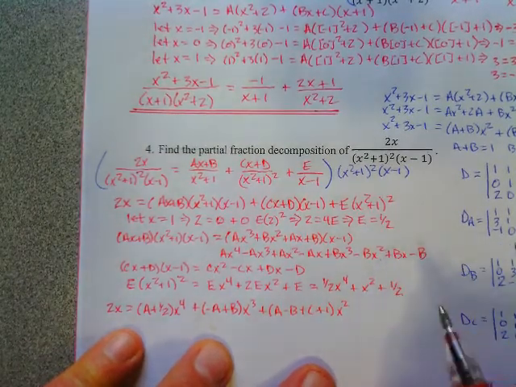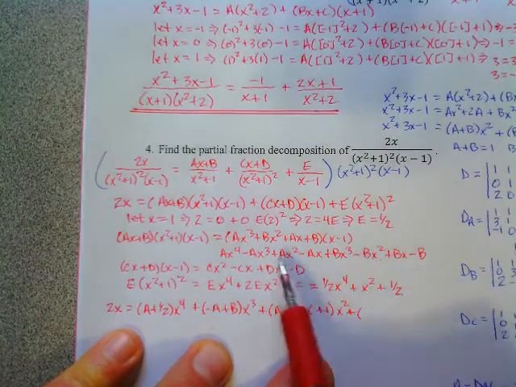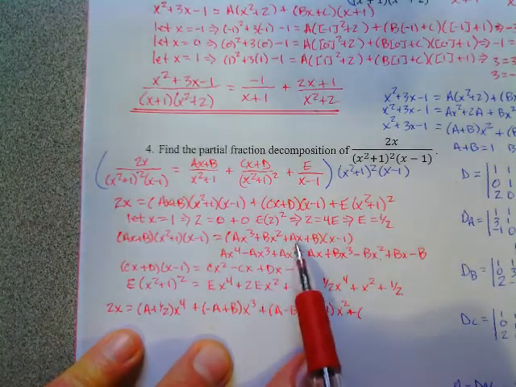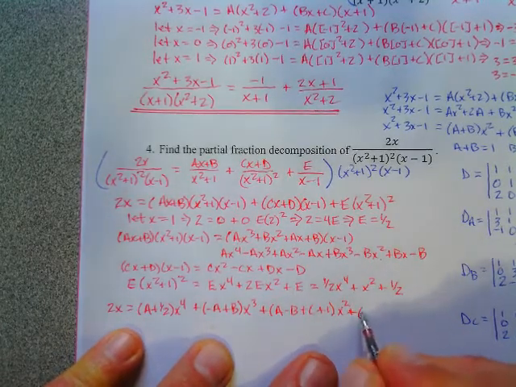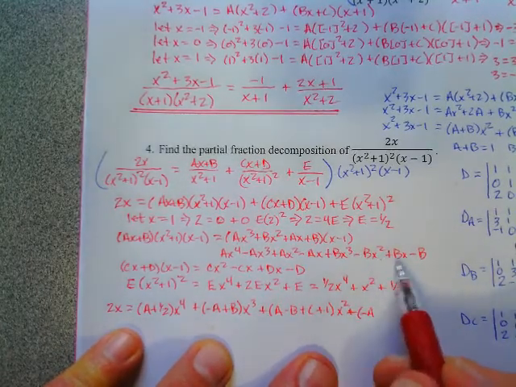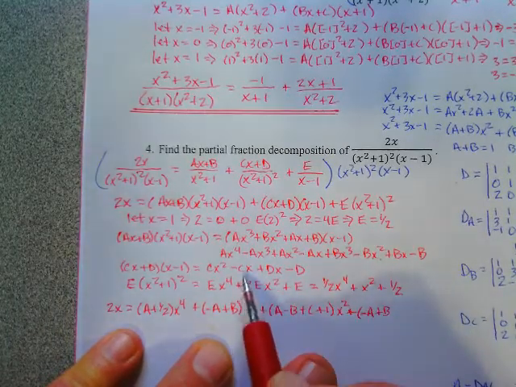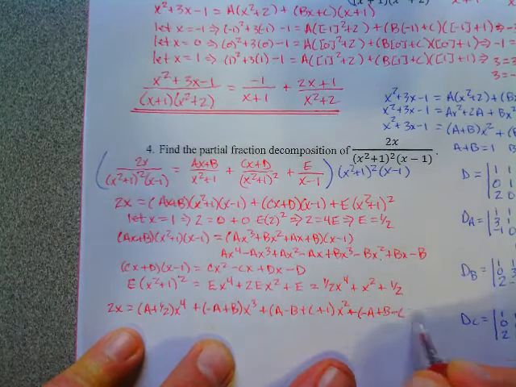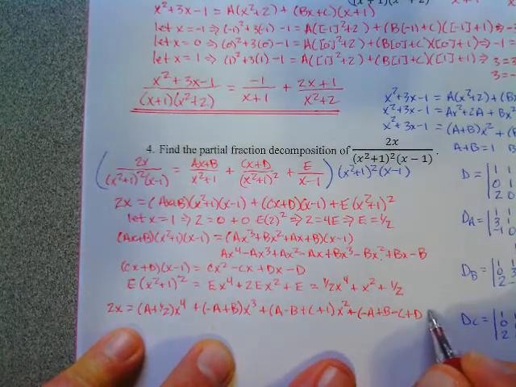And now for my x term, let's see, ax, minus ax, so minus a, and plus b, and minus c, plus d, and those are my x's.